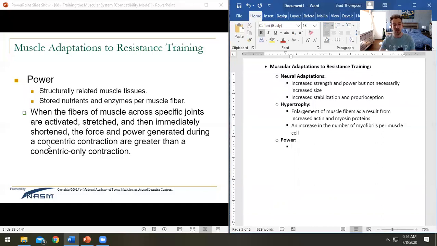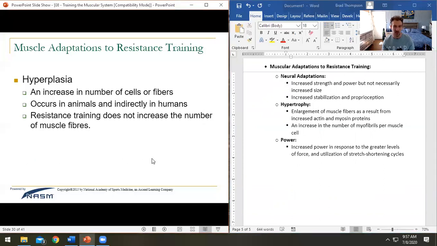So when the fibers are stretched and immediately shortened, that creates force and power. So increased power in response to the greater levels of force and utilization of stretch shortening cycles, right? So that will result in increased power.